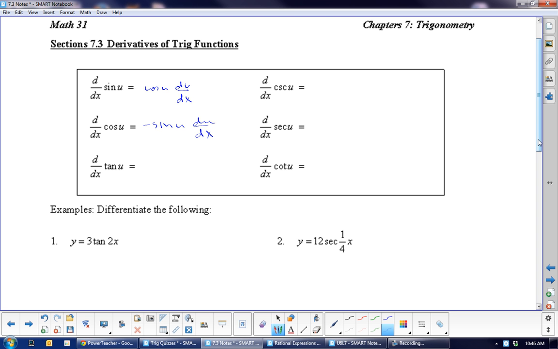Now tan u, which is a new one, would be its secant squared u du over dx. Okay, now this one, cosecant u, is negative cosecant u cotan u du over dx.